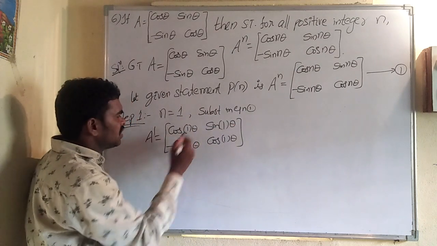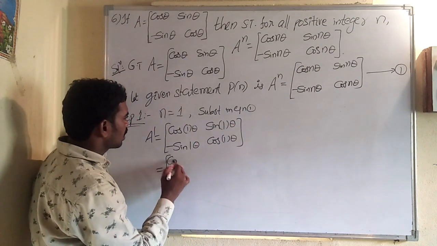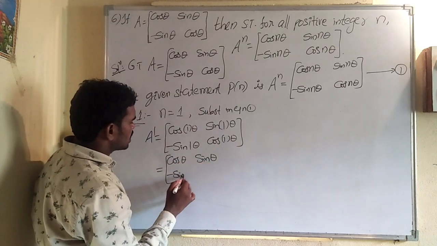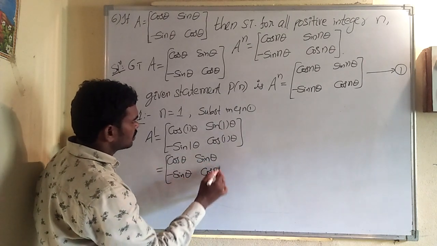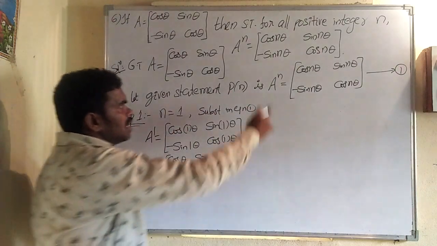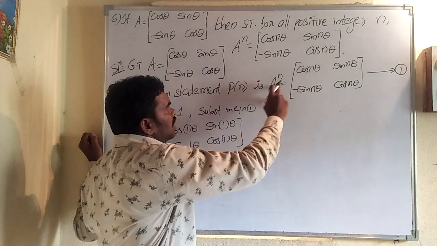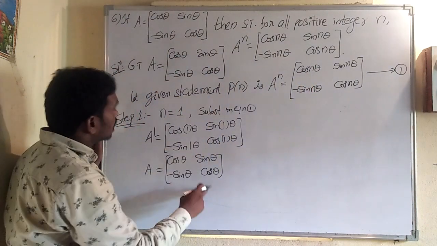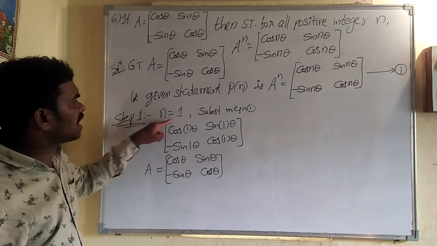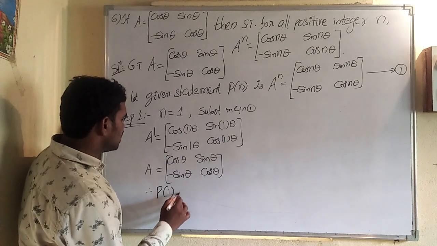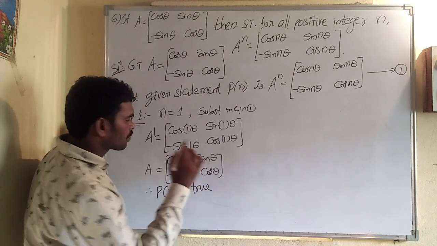In this multiplication, 1 into theta is theta: cos theta, sin theta, minus sin theta, cos theta. Got it? If you substitute n equal to 1 in A power n, we get A equals cos theta, sin theta, minus sin theta, cos theta. Compare with this: true. So n equal to 1 is true. Therefore, P of 1 is true.